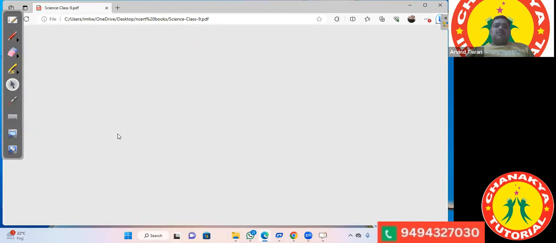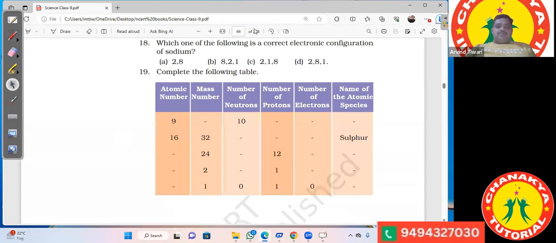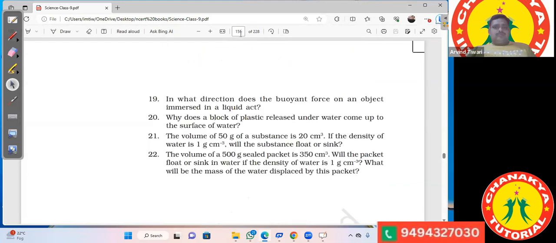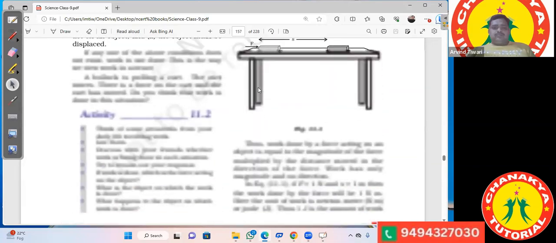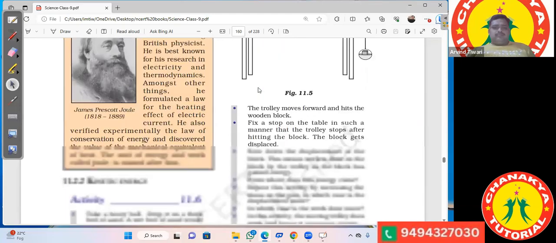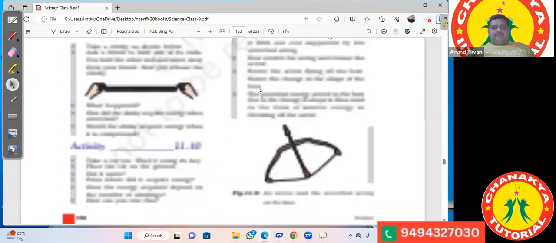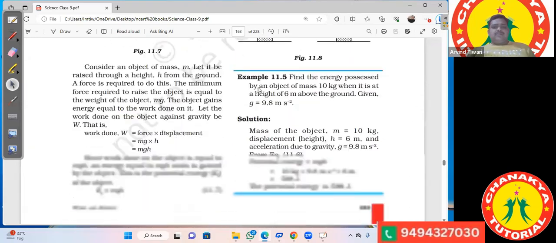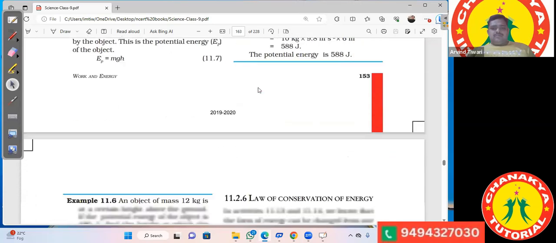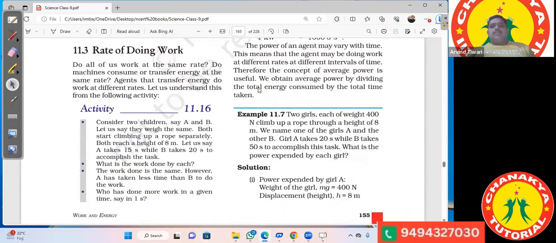Let's see. Work, energy, and power. Okay, rate of doing work.